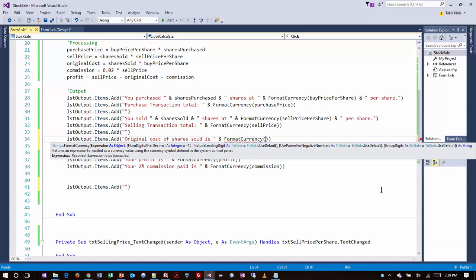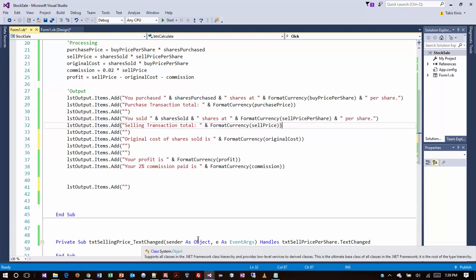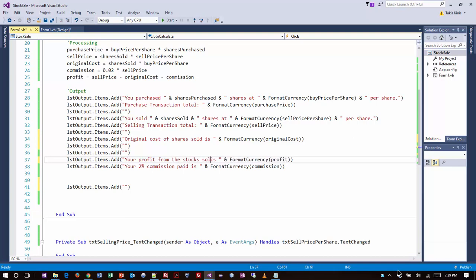And that one was called original cost. And when I look at this, I would probably list the commission above the profit. So I might put that like here.